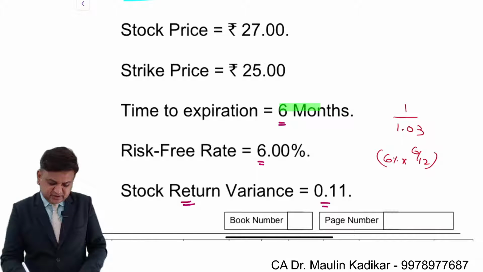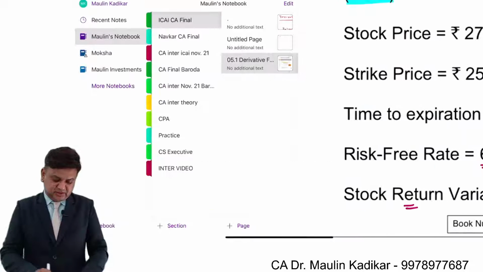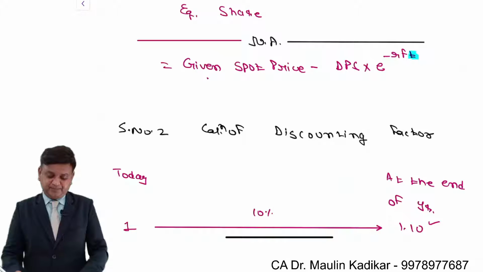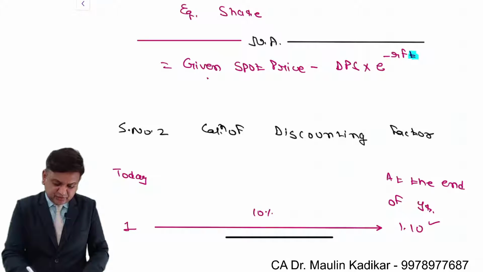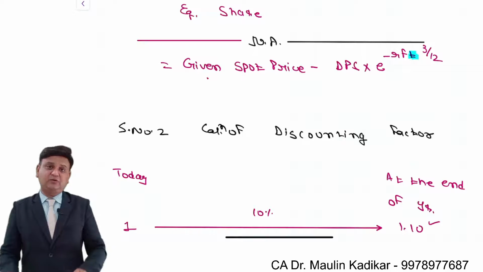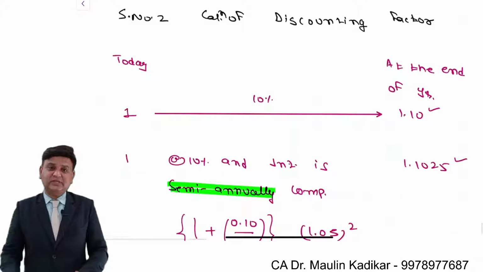However, suppose the dividend is going to be paid after 3 months. Then in that case, when we are applying the discounting factor over here, we have to consider 3 months and not 6 months. And when we are doing the final answer of the premium calculation, then in that case we are required to use 6 months. Step number 2 is the discounting factor.